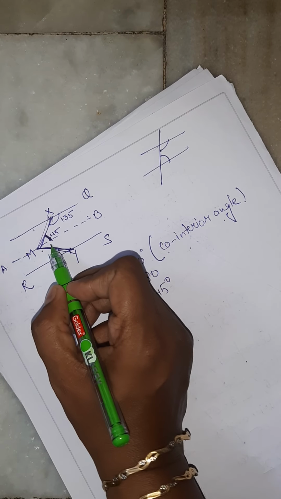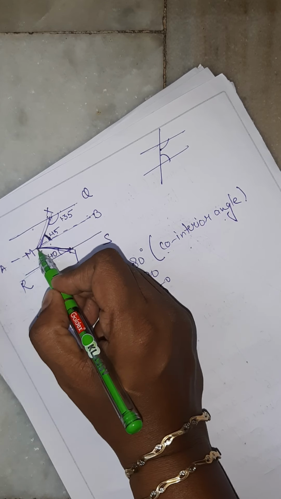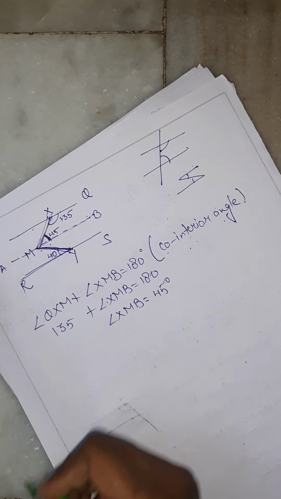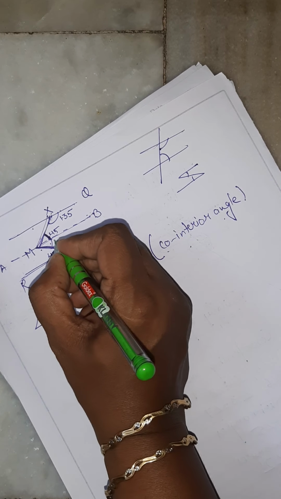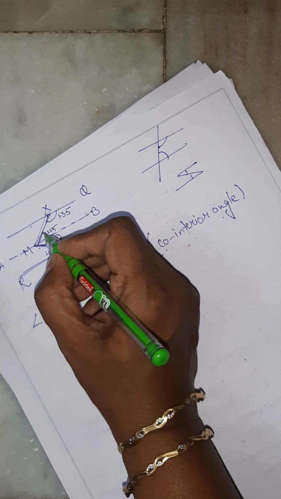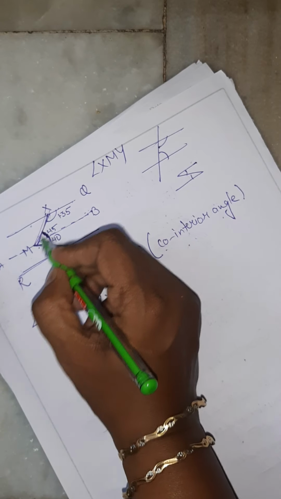Now the remaining part. What can you say about these angles? Can you recognize something? Yes, they are forming alternate angles. So when this is 40, this will also be 40. Alternate. Now the question wanted us to calculate angle XMY.